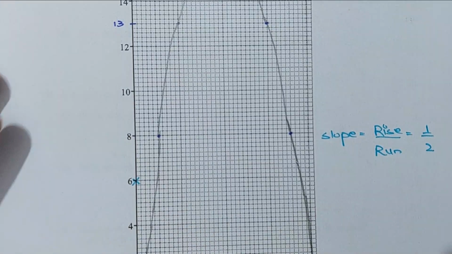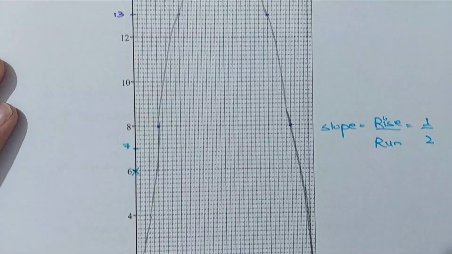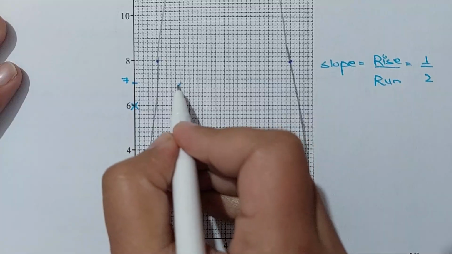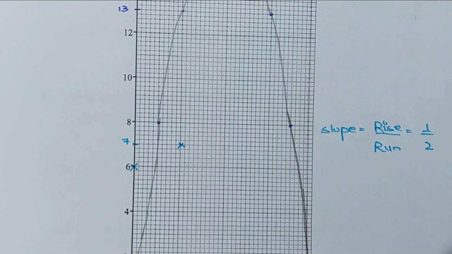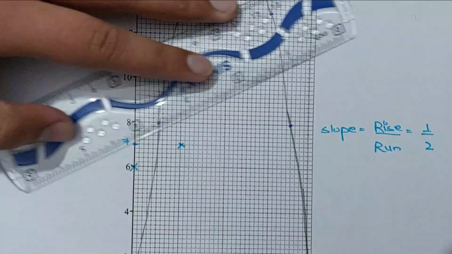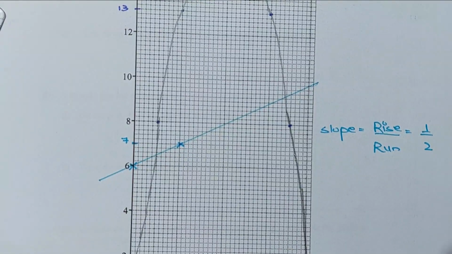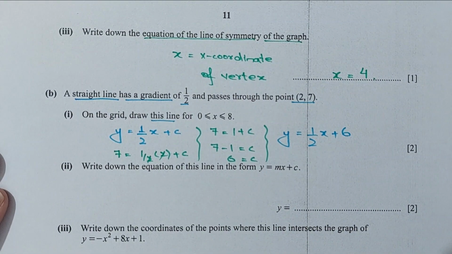It means we rise 1 unit, and we run 2 units. So we are at the point (2, 7). Now connect the two points. This would be the line. So we drew the line. Second part, write down the equation of this line in the form y equals mx plus c. We have already done it: y equals 1 by 2 x plus 6.